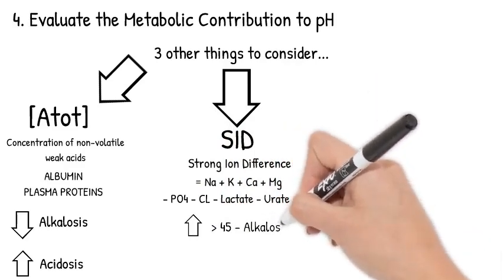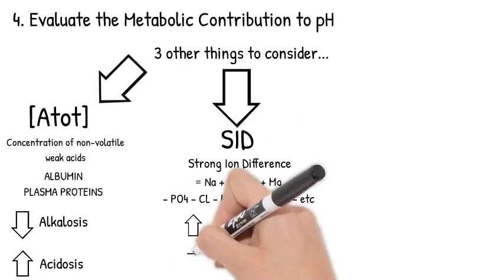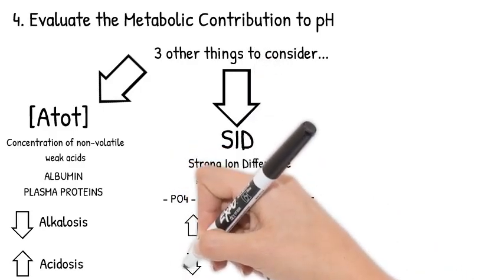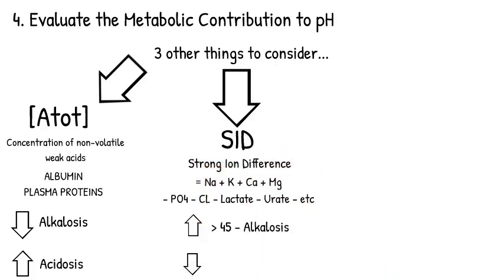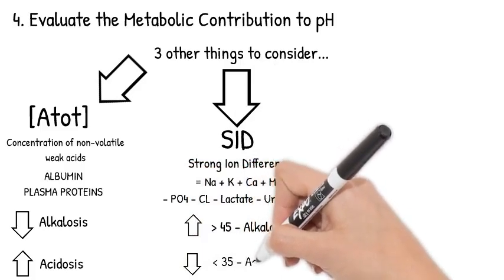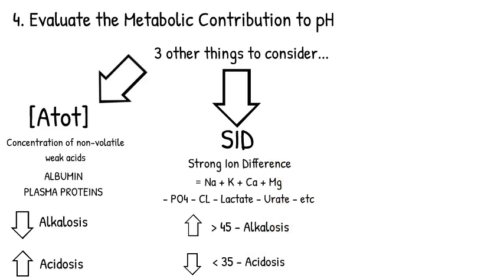Now, the reason for this is that when you have more strong ions in solution, they actually force the water molecule to dissociate. So we know water as just H2O, but under the influence of strong ions, they actually force the water molecules to go to H plus and OH minus, so it increases the amount of acid.